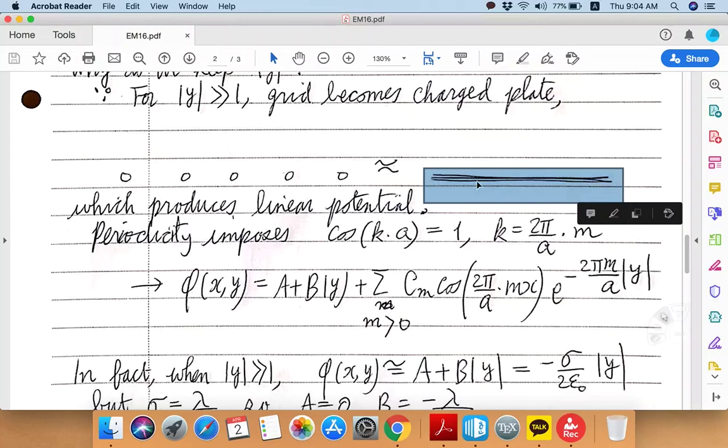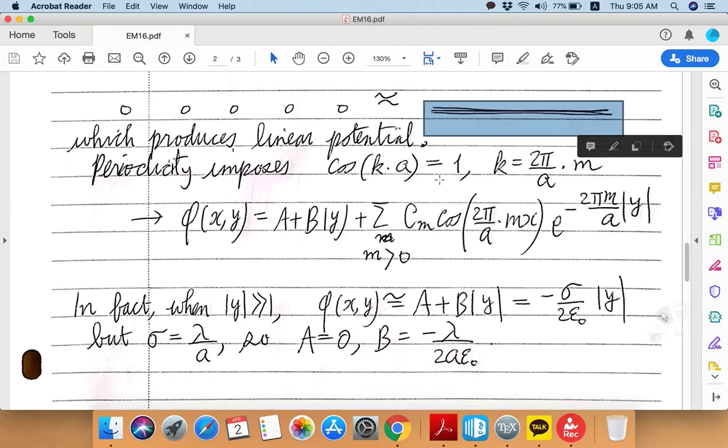And this is exactly the situation of an infinite charged plate. And we know exactly what kind of potential is produced by an infinite charged plate.